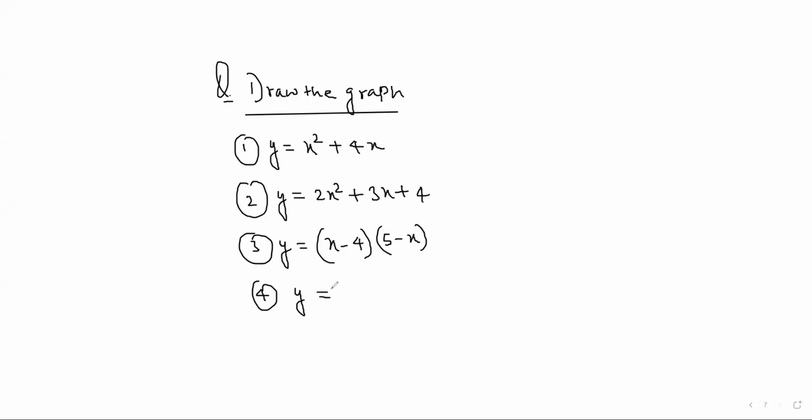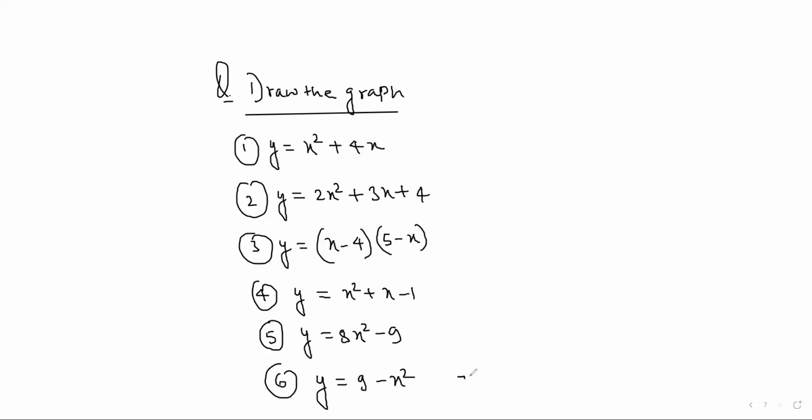Y is equal to x square plus x minus 1. Y is equal to 8x square minus 9. Y is equal to 9 minus x square. Y is equal to 2x minus 4x square plus 7. So, guys, I'm just giving you 5 minutes. Try to solve this problem. Solve it, beta.